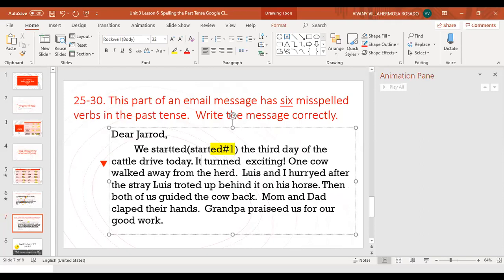"It turned exciting." Did you identify the verb in the sentence? Yes, turned. There's a mistake in turned. Shouldn't double the consonant. Okay, and it's the same thing as start. The baseline for turned is turn.